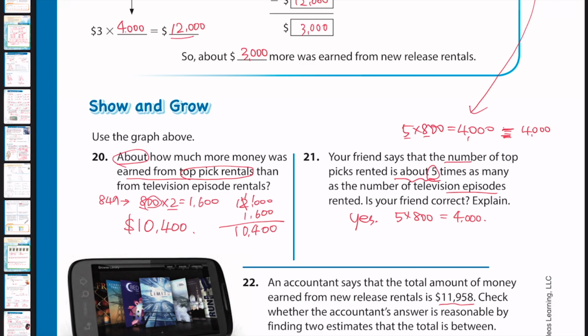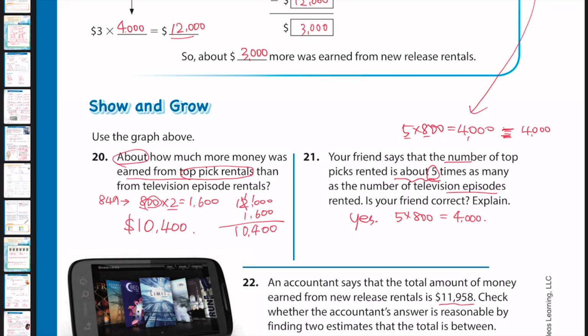Now, this 3,047 is in between 3,000 and 4,000. Of course, this is way closer to 3,000, but we can find out to see our estimate, okay? What is 3 times 5? Yes, 15 and 3 more zeros. What about 4 times 5? 20.